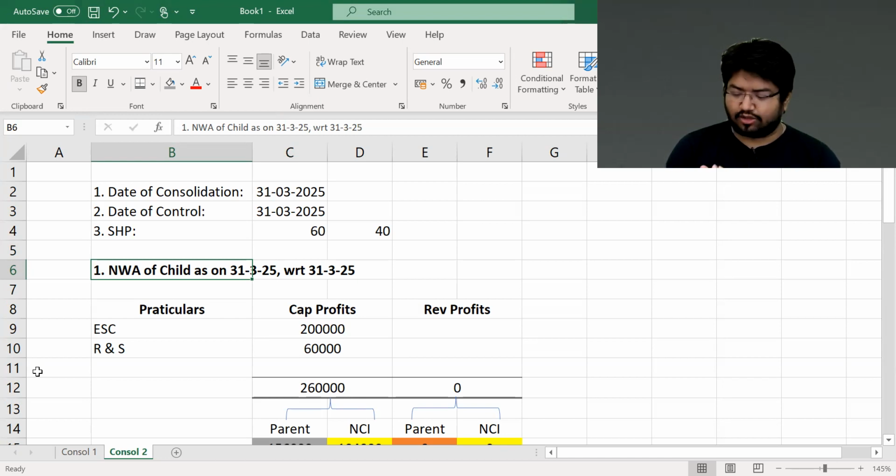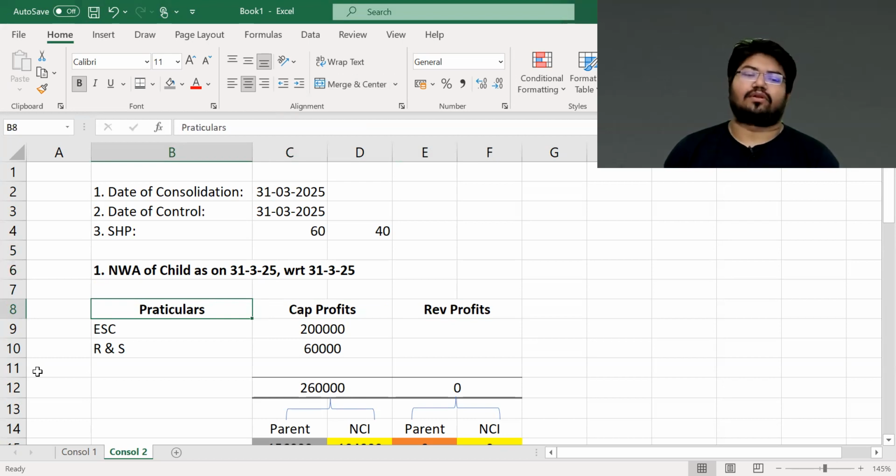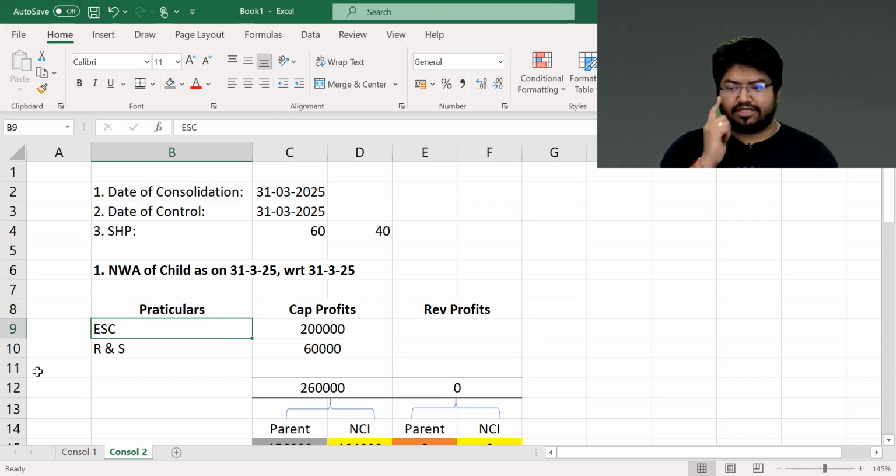Take particulars in two broad columns: particulars, capital profits, revenue profits. In that, start with equity share capital.